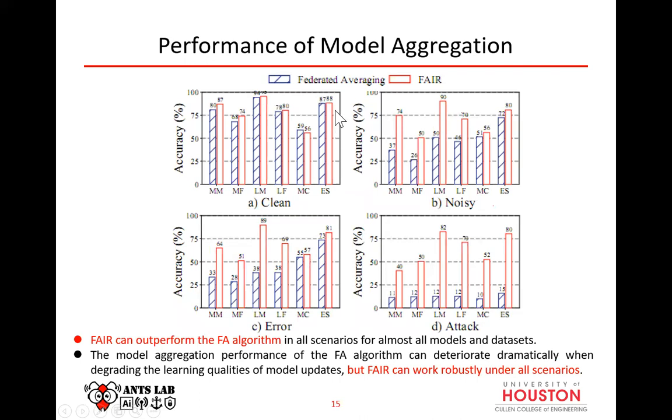And this is the performance of model aggregation. They use the 6 models trained with 4 data sets, and each model is trained with 10 nodes under 4 different scenarios. The first scenario is the clean data set, which means all distributed nodes have the original data sets to train the model normally.